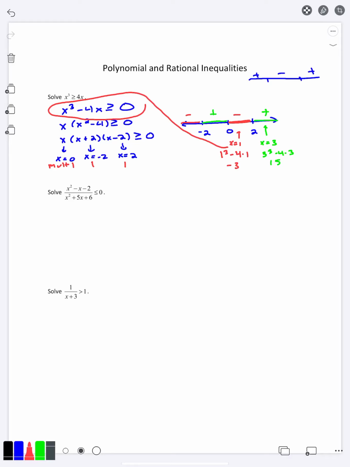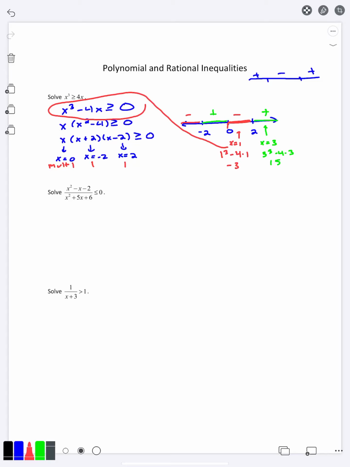And if your multiplicity is odd, then at that value, it's going to switch between positive and negative. And since they're all multiplicity 1, it's going to always switch positive, negative, and so on. And that's how I know we're going to have these positive negatives without trying them. And if you know about your multiplicities, then you get to skip all the extra work and just plug in a single number. And once you find one of these, whether it's positive or negative, you can get all the rest.